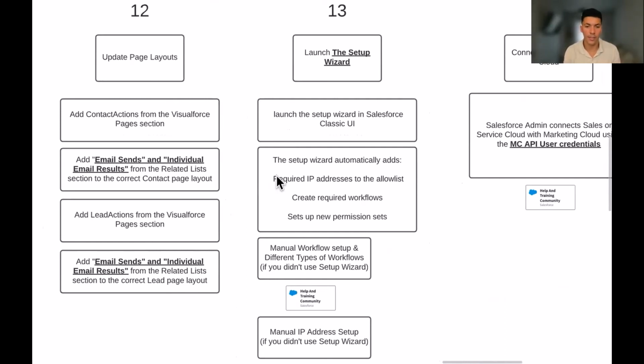Now, it would be preferred for you to do the setup wizard when you first set up Marketing Cloud, because if you don't set up the Marketing Cloud connector inside of Salesforce with the setup launch wizard, you'll have to manually set up your IP allow list, your workflows, your permission sets. You have to set all that stuff up, but the setup wizard will set all that stuff up for you automatically.